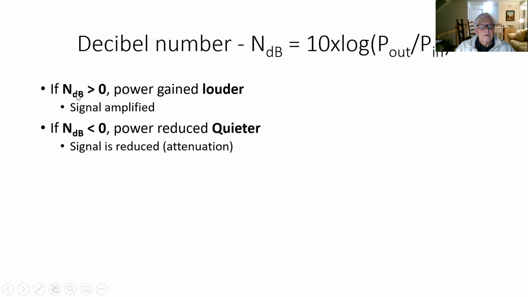If N is greater than 0, then power is gained and the signal is amplified. In other words, it gets louder. If, on the other hand, that number is negative, below 0, then we get a quieter situation. So the signal is reduced, or we say it's attenuated.